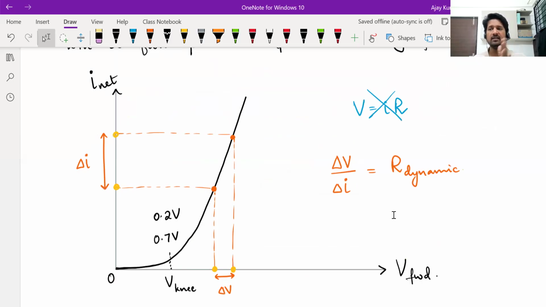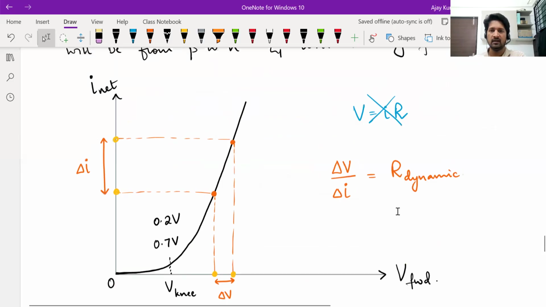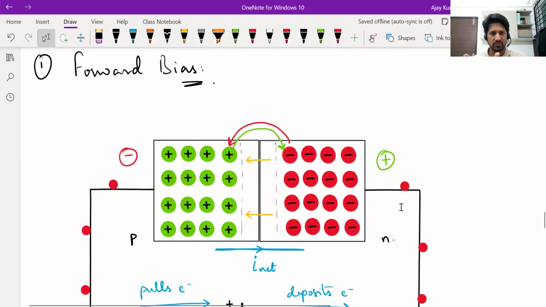Now, as current increases, the heat produced will also increase. Electron collisions will increase, so it will generate more and more heat. And the semiconductor material with which the PN junction is made will only be able to withstand heat up to a certain extent. Every material has limits up to which it can withstand the heat.